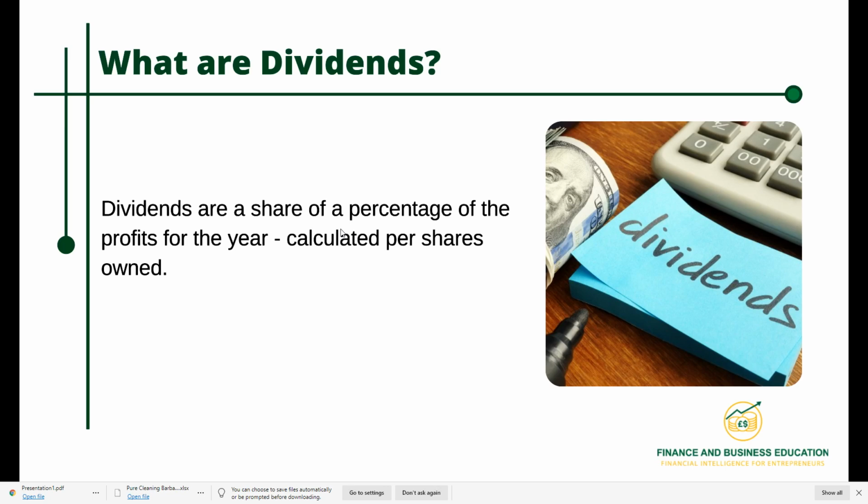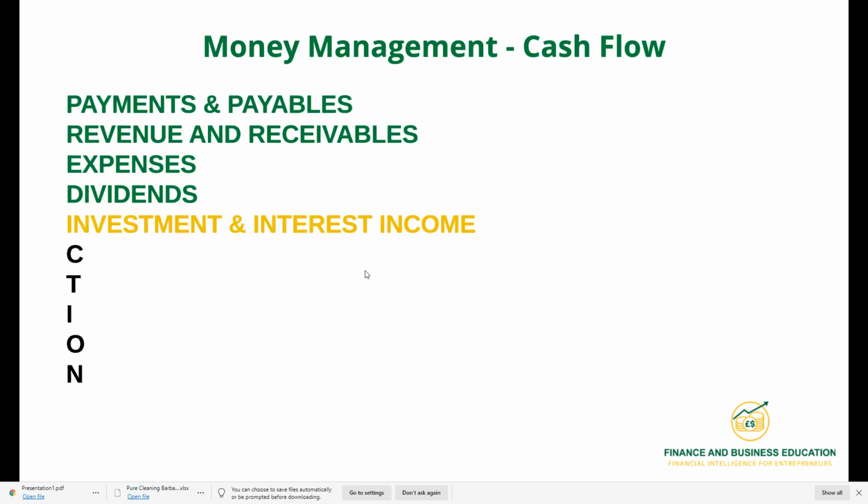Now, this is different to you receiving income from other companies, which is called investment income, which we're going to come on to shortly. This is literally a cash outflow that you as a business owner need to plan for. The investment income or interest income is a little different, because investment income is when you invest and you get dividends, i.e., when you receive dividends.